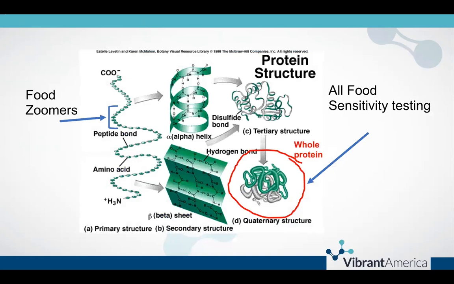So there might be a little bit of carbohydrate residue, there might be residues from other things in there, and that's what whole protein food sensitivity testing is. What you're getting is basically what the whole protein form of that is, but not the individual peptides within it.